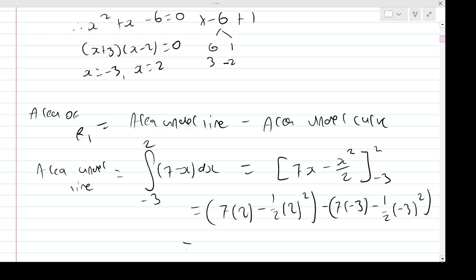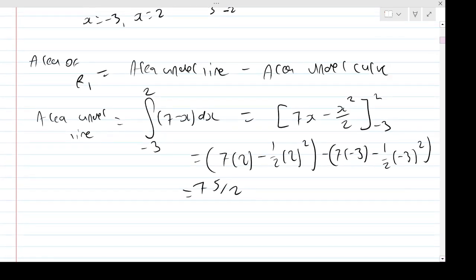Then I just put all that in the calculator, and I get 75 over 2. So that's the area under the line.